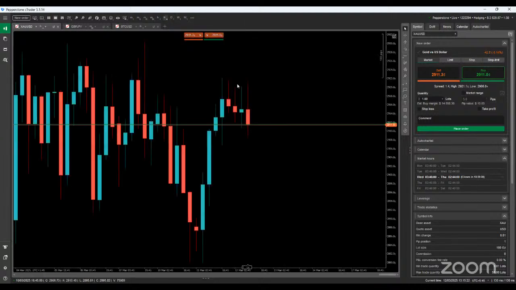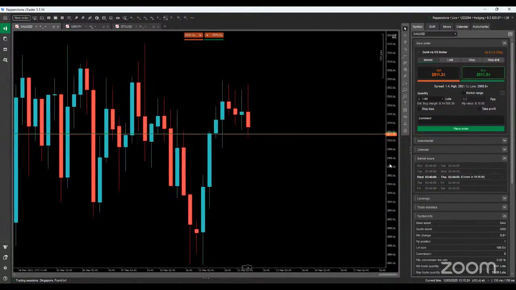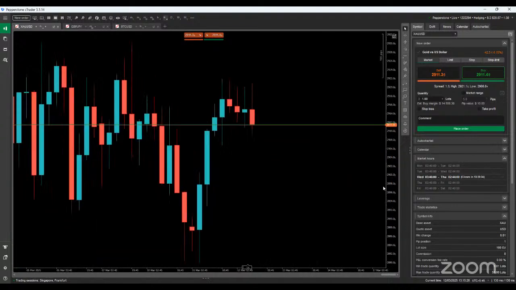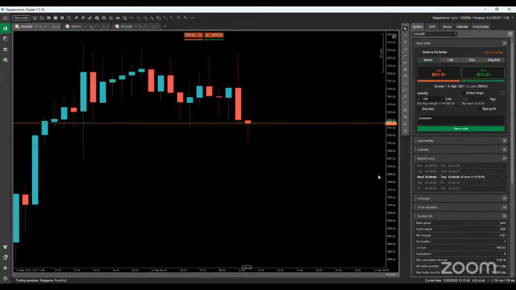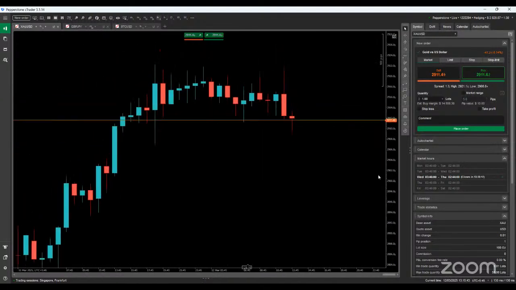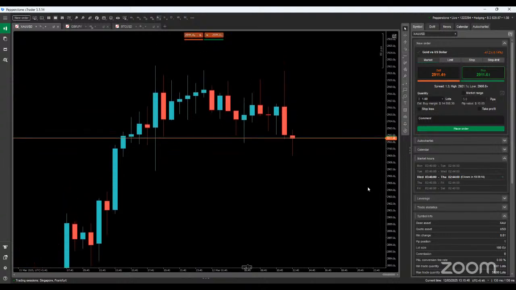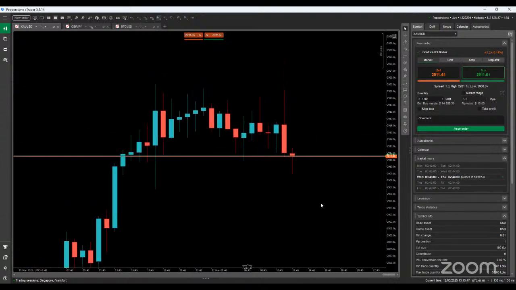So let's move to the lower time frame, that is 4 hour. Looking at the 4 hour time frame, we could easily see that this candle looks like a volatile candle having a long wick to the top. So let's go to the further down time frame, that is a 1 hour time frame.